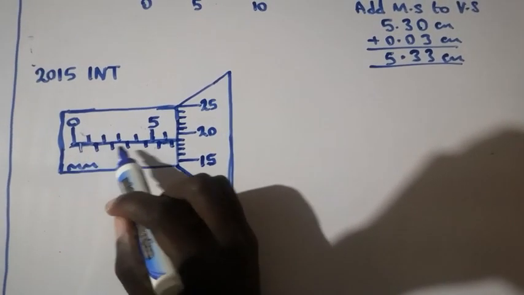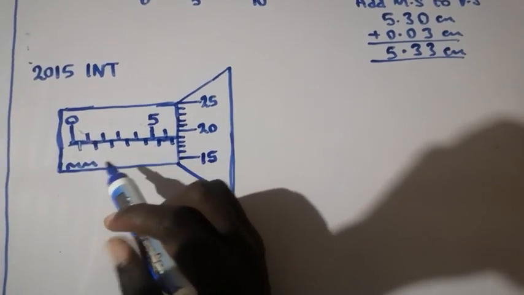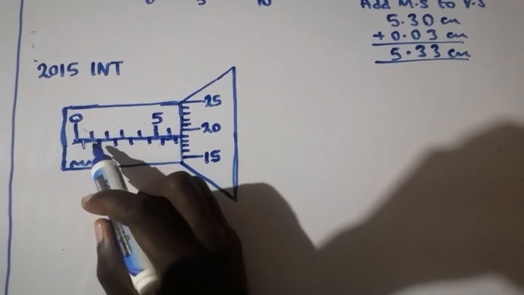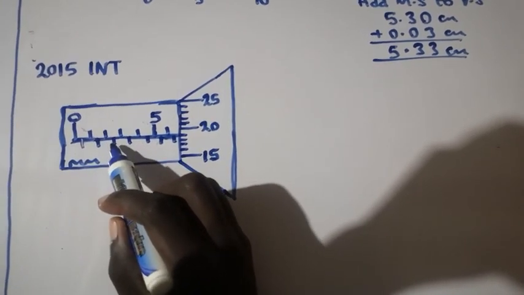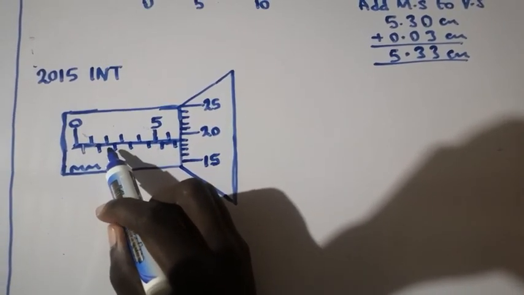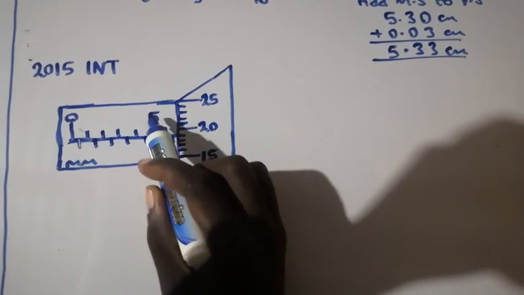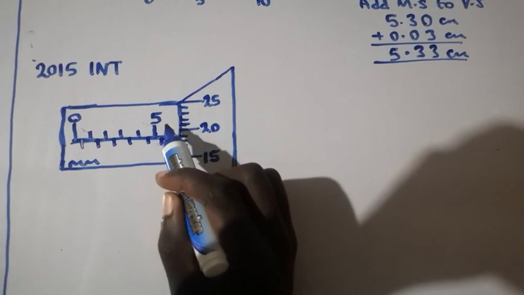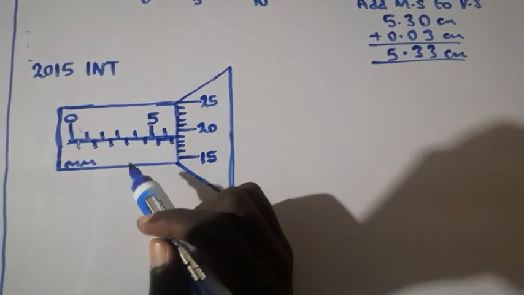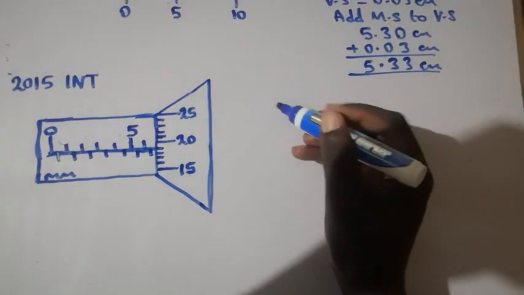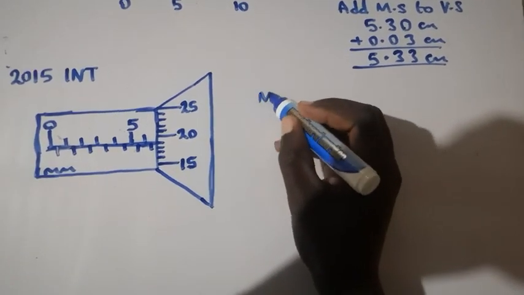Then the divisions below represent 0.5. So from 0, 0.5, 1, 1.5, 2, 2.5, 3, 3.5, 4, 4.5, 5, 5.5, 6, 6.5. Okay, so let's pick now the main scale reading here.